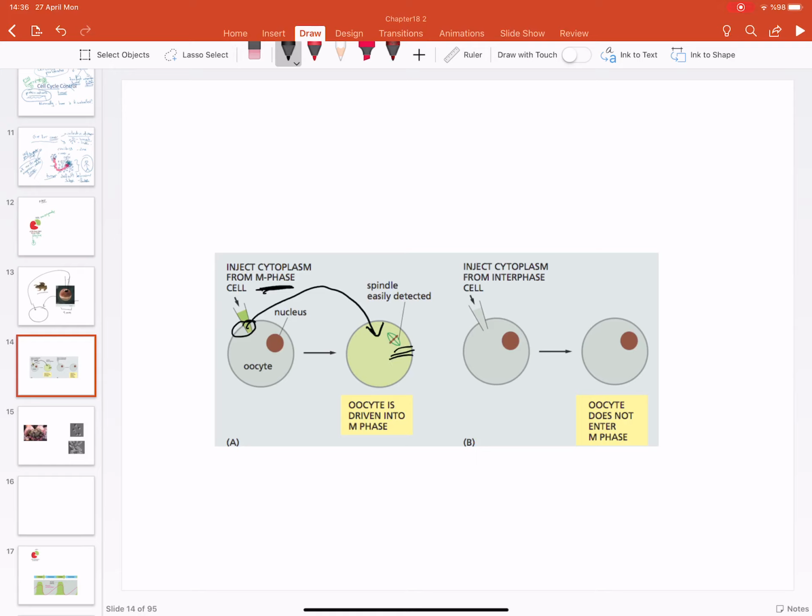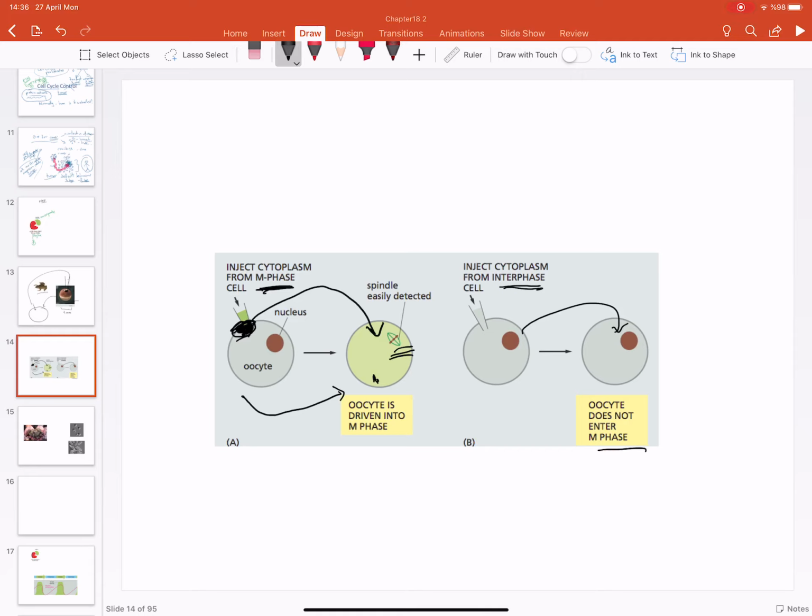Okay, the moment you inject this cytosol, actually it is not cytoplasm because you're not injecting any kind of organelle, the moment you inject a little bit of cytosol of this cell into this one, it goes under mitosis. So it is inducing mitosis. But if, for example, this cell is at the interphase, when you inject it here, nothing happens. It doesn't enter the M phase.